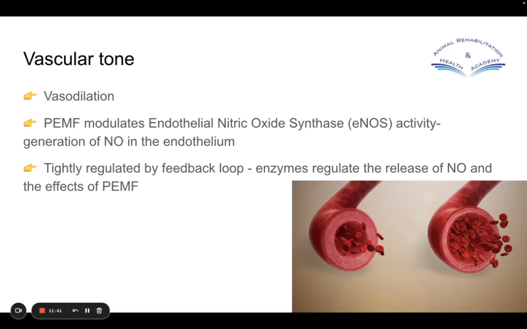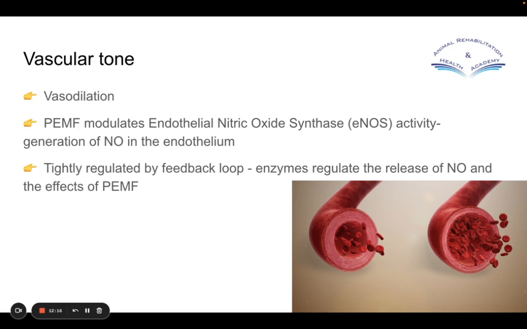So just thinking about it in an overview, when we are using any sort of therapeutic intervention, we are hoping to increase vasodilation, which will increase blood flow, which will bring with it oxygen and nutrients that are essential for repair and normal function. So if we can influence that vascular tone and improve or encourage vasodilation, then that is a benefit. And we know about nitric oxide. We've discussed that already, how it's a powerful vasodilator.